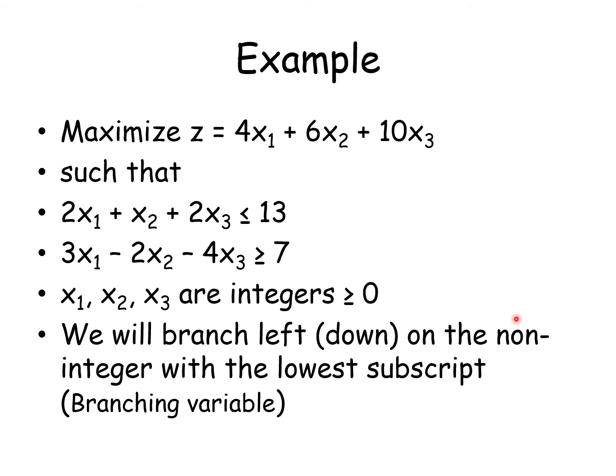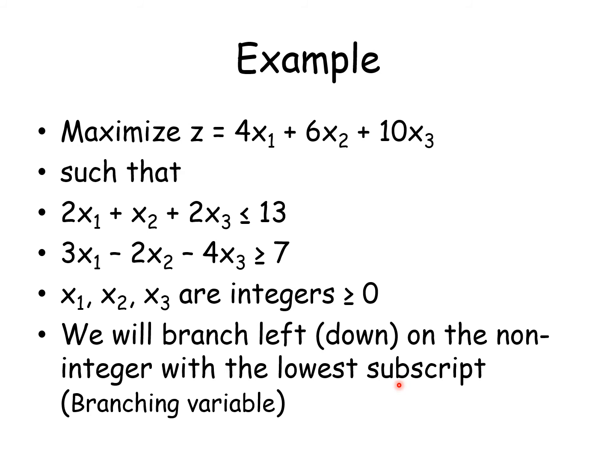So we branch on non-integer variables with the lowest subscript. Again, this is by convention. So we're going to use the lowest subscript decision variable that has a non-integer optimal value. We'll use that as a branching variable.